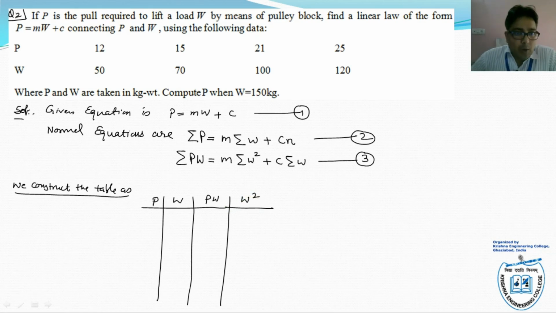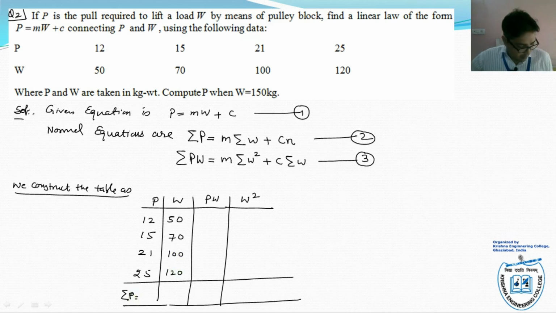Clear? The values of P are 12, 15, 21 and 25, right? The values of W are 50, 70, 100 and 120. Clear? Sigma P, the sum of all the values of P, is 73, and sigma W, the sum of all the values of W, is 340.